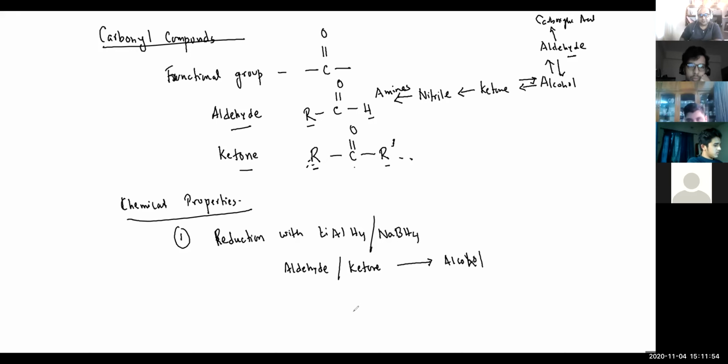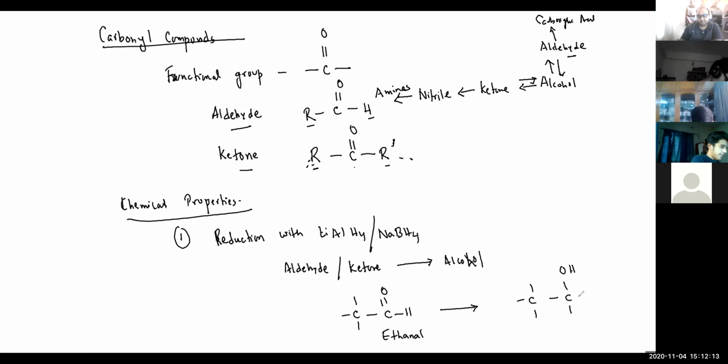So look here: if you have an aldehyde, CH3 CH C double bond OH, this is ethanal. Ethanal gets converted into ethanol, CH3 CH2 OH. What has been added? Hydrogen. So now finally you know that addition of hydrogen means reduction.